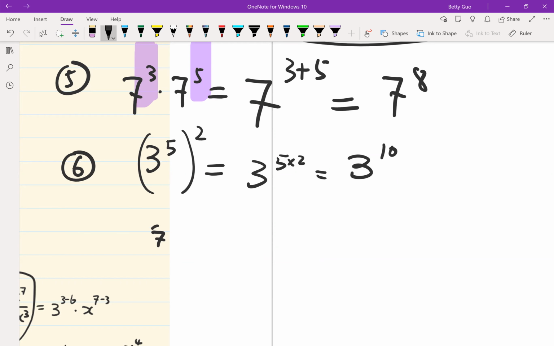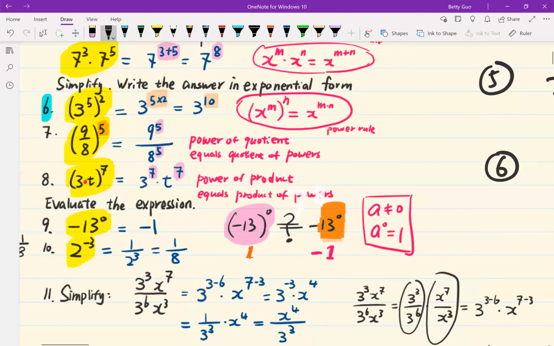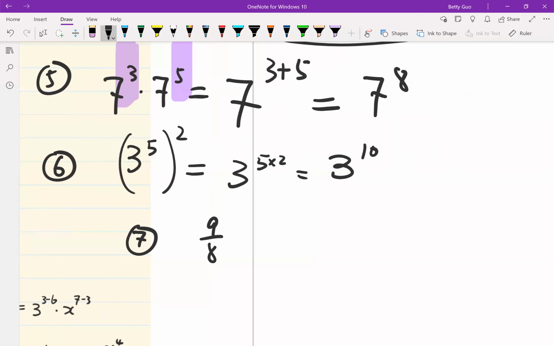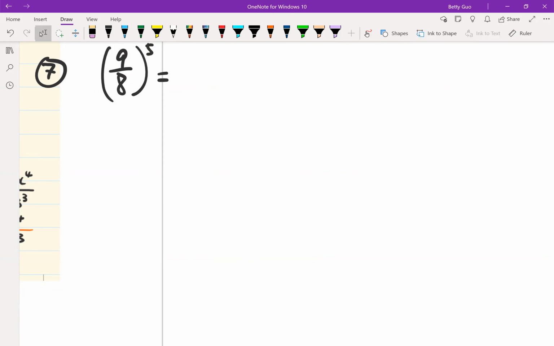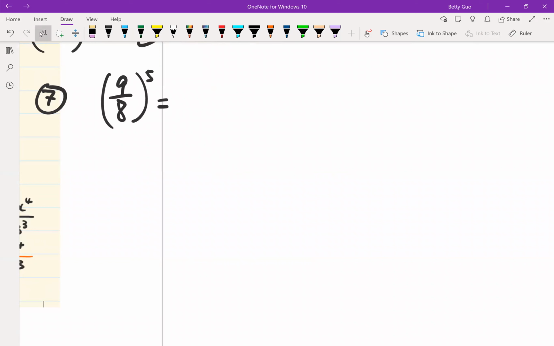Number 7. Number 7 is also very straightforward. You're going to choose from A, B, C, D the expression that is the same as the given expression. Let's look at the structure of the given expression. The exponent is 5.